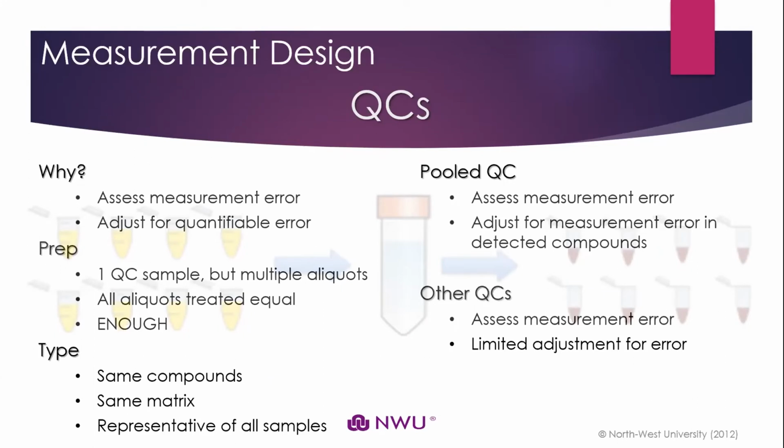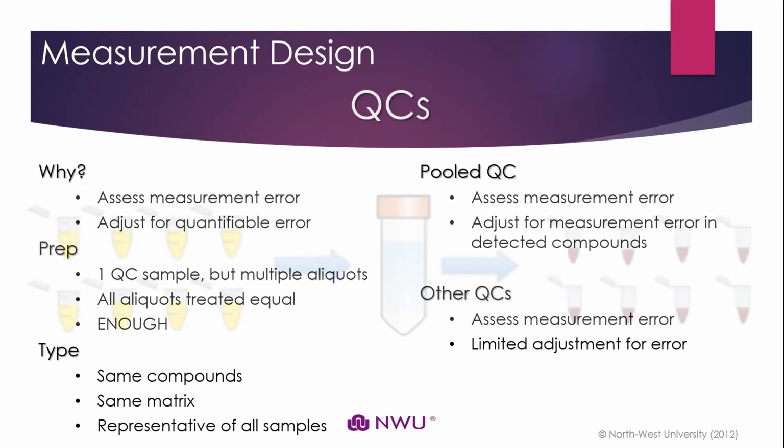You don't want to freeze-thaw your QC aliquots at different frequencies throughout your analysis. That's another source of variation that will affect your QCs and won't affect your samples, so it will be to your detriment when you're using QCs to correct your measurement error. All aliquots should be handled exactly the same, so make sure you've got enough volume.